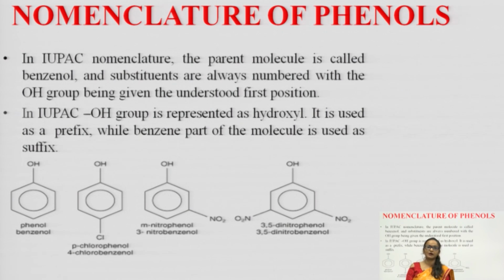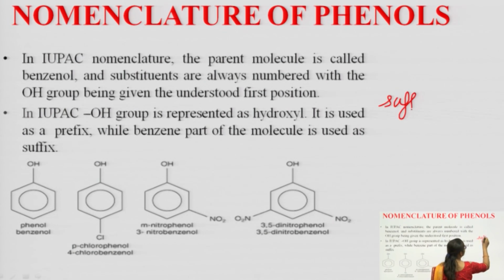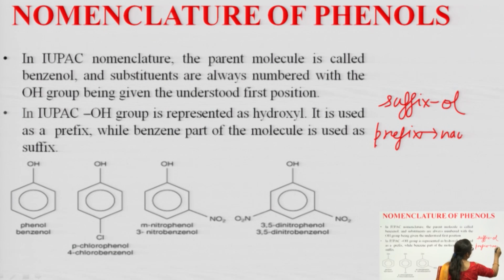Next, very important, is the nomenclature of phenol. I have told you in my first slide that phenols are given their names by adding the suffix -ol, right, and in the prefix the name of the parent ring, right.